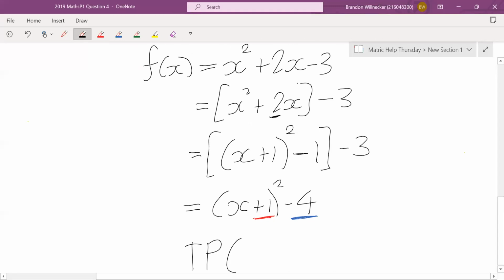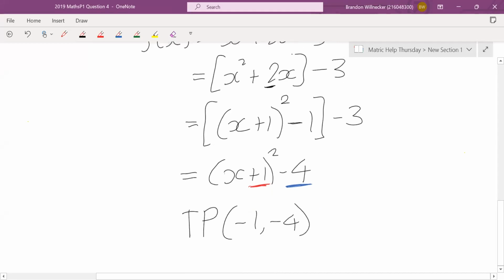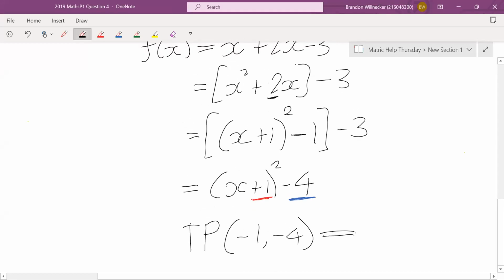Okay, so if it shifted to the left by 1, that's going to be -1 for the x value. We also see that it shifted down by 4. Oh, that's -4. Okay, so that's the turning point. But remember, we labeled that C. So that's going to be C is (-1, -4).